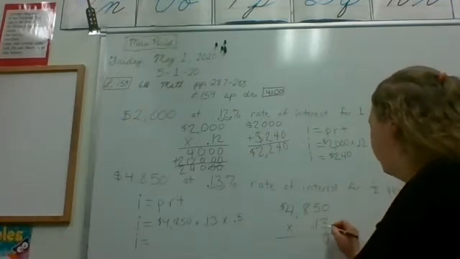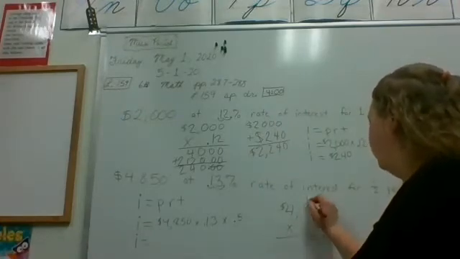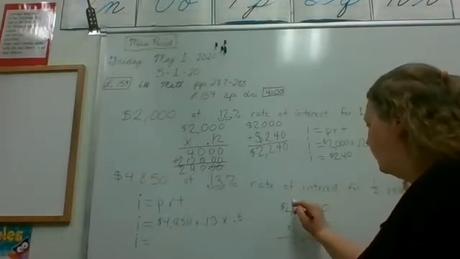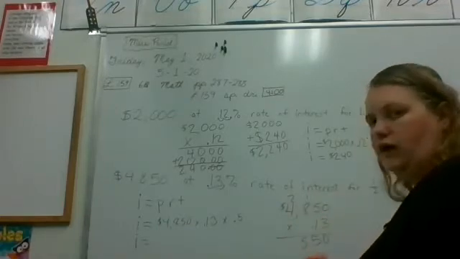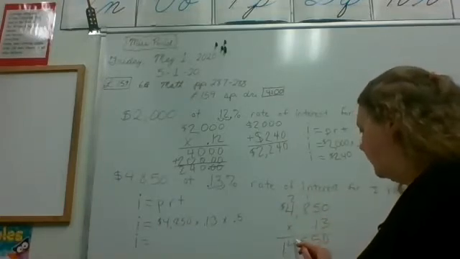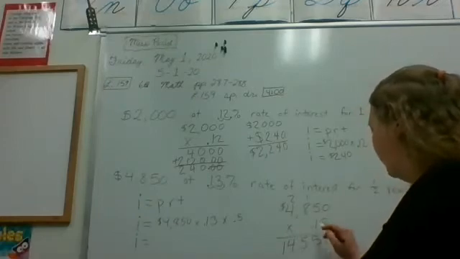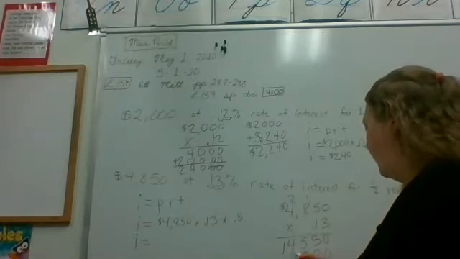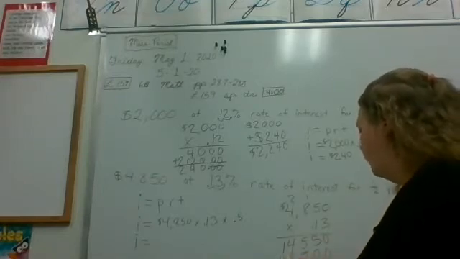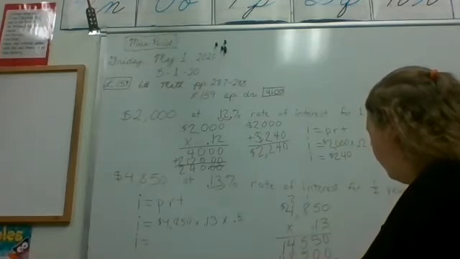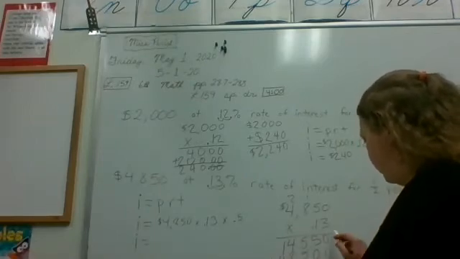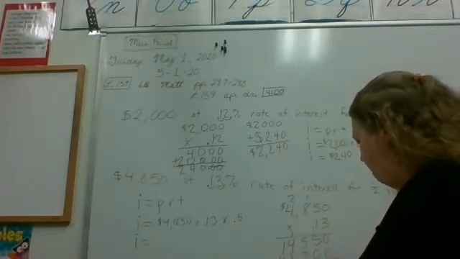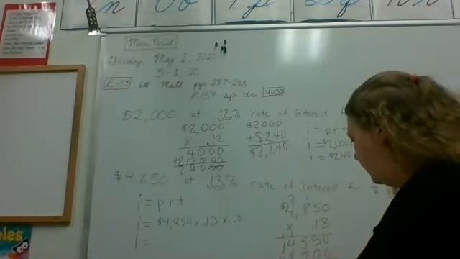3 times 0 is 0, 3 times 5 is 15, 3 times 8 is 24, plus 1 is 25, carry a 2, 3 times 4 is 12, plus 2 is 14. Okay, put our 0 down there, we've got 1 times everything, so 0, 5, 8, and 4. 0, 5, 10, carry the 1, 13, carry the 1, and it's a 6.